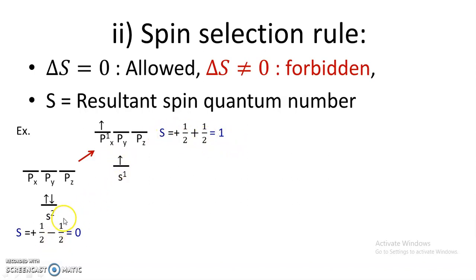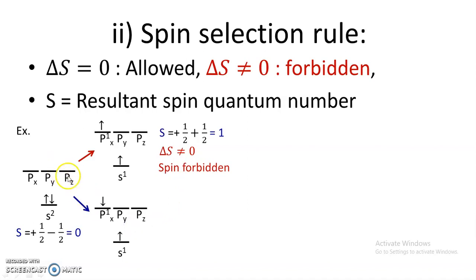You can see there is a change in the number of unpaired electrons, and secondly the resultant spin quantum number changes. So delta S is not equal to 0, because delta S is 1 minus 0, that is 1. Therefore this transition is spin forbidden.